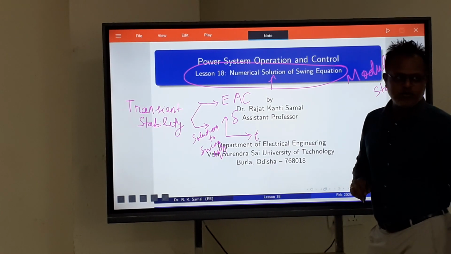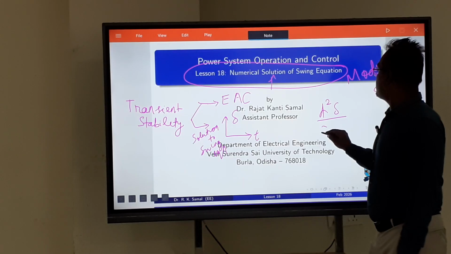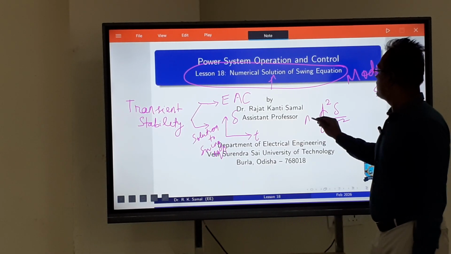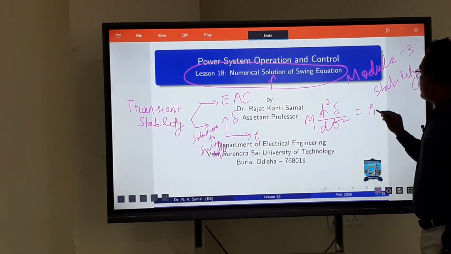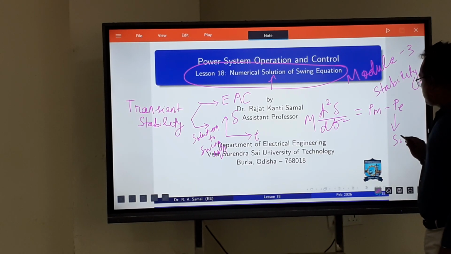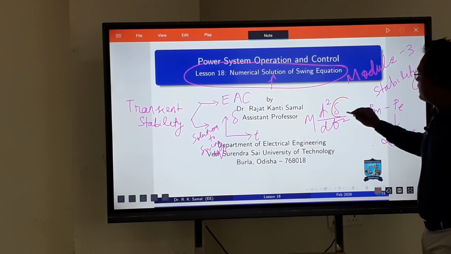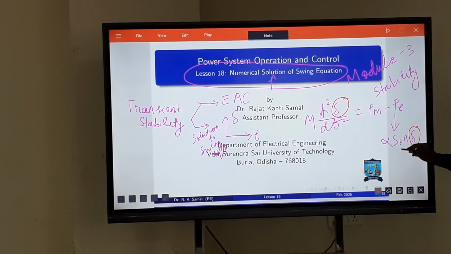The swing equation requires numerical solution because on the left side we have d square delta by dt square equal to Pm minus Pe, the accelerating power, which is proportional to sine delta. So we have delta occurring on both sides, and we have a sine term also.